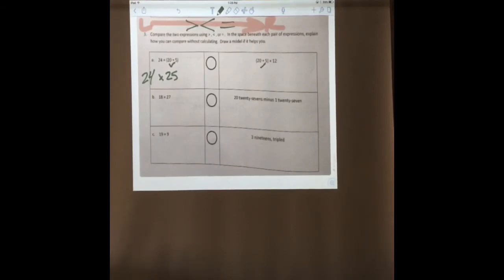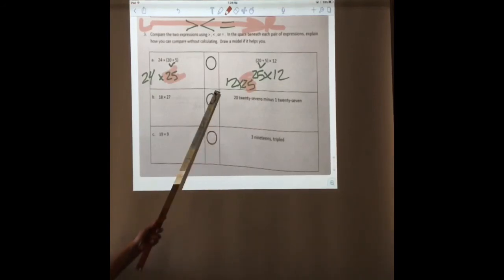Now let's do this one. How much do we have? 20 plus 5, 25. How many 25s do we have here? We actually have 12 of them. We could rewrite this problem in another way if you'd rather have 12 times 25 so that our 25s are on the right side. Then what are we really comparing?